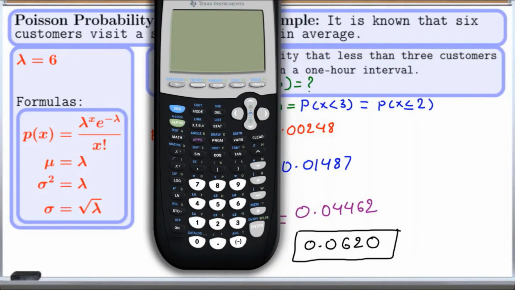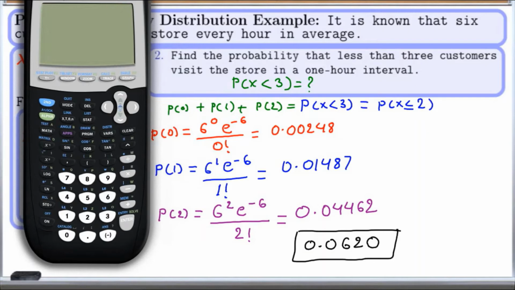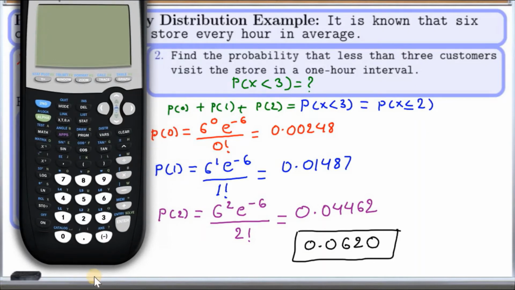So let me move this a little bit so that we can see what we just wrote. Now, punch second distribution. Then use the arrow key to go all the way down where you'll see D, this one. Then hit enter. So here we are supposed to enter our value of lambda, which is 6 in this case, and our x value is 2.